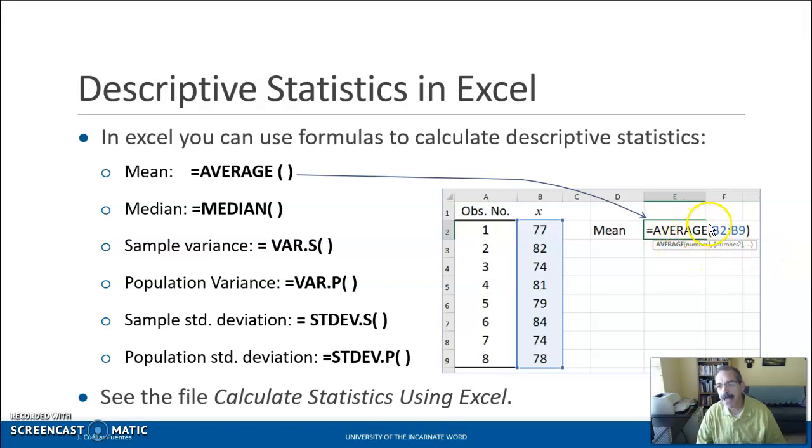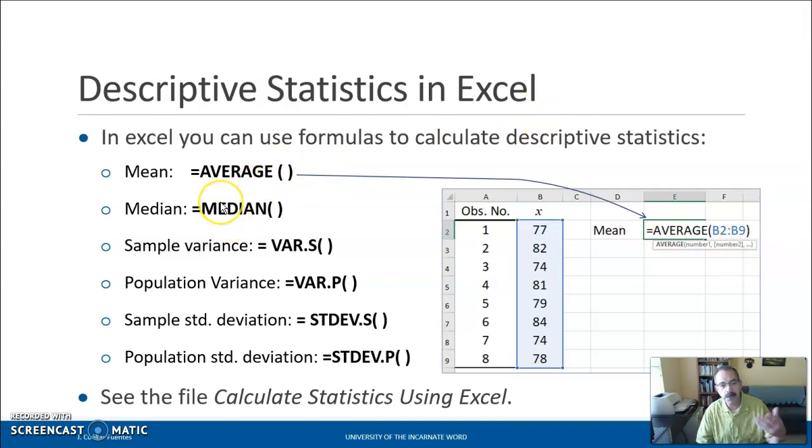So once you type average, you put the first parenthesis, then you click on the first cell and drag it down all the way to the last cell. That's the B2 cell all the way to the B9 cell. And then you close the parenthesis and hit enter. That will calculate the mean.